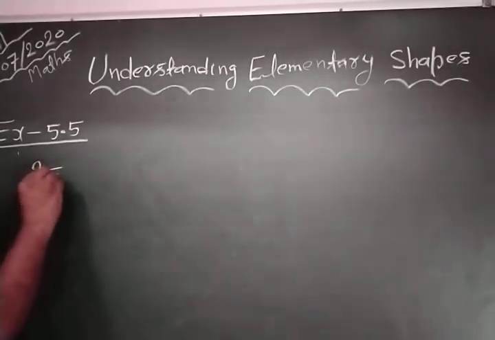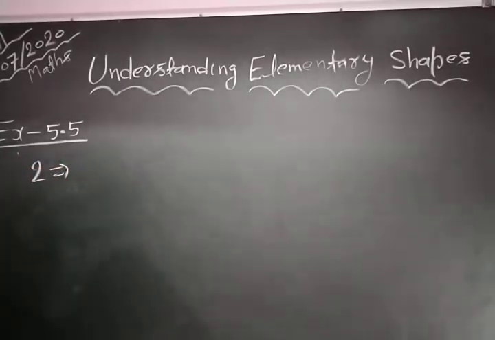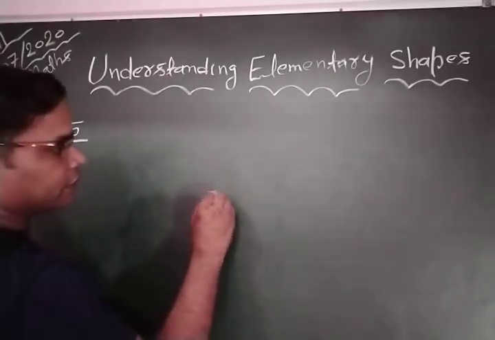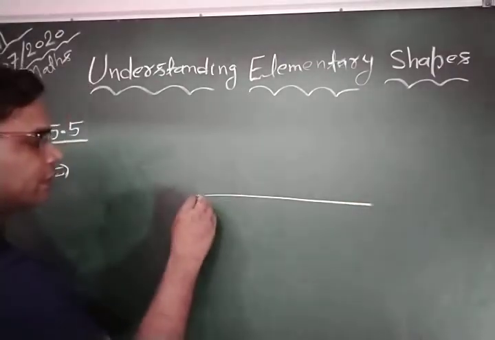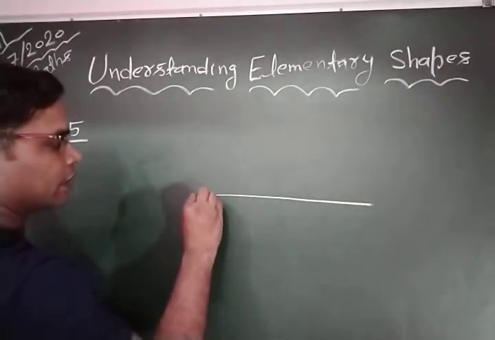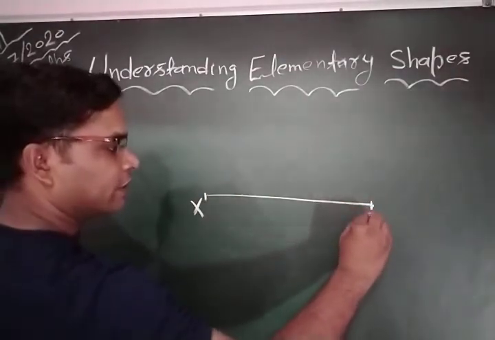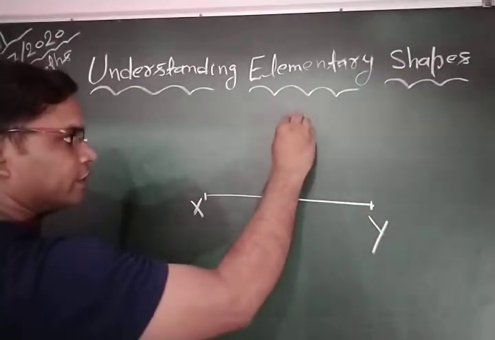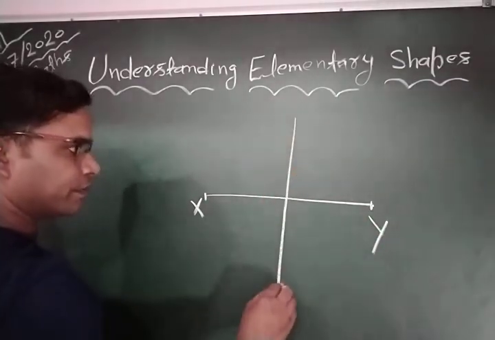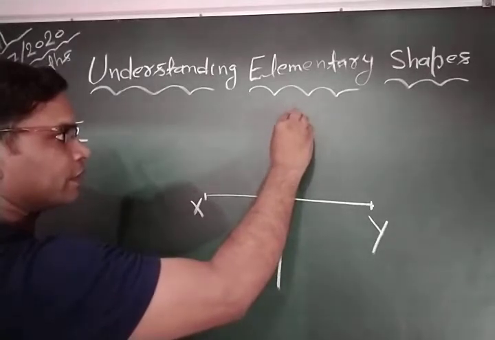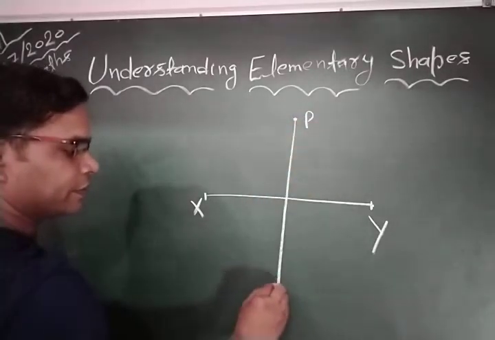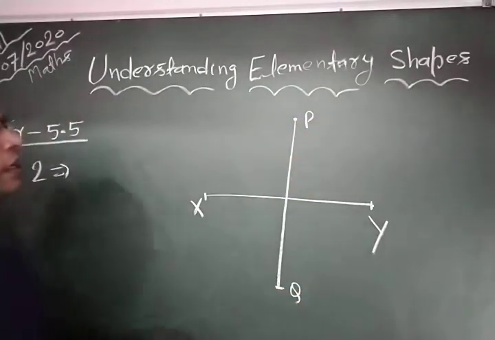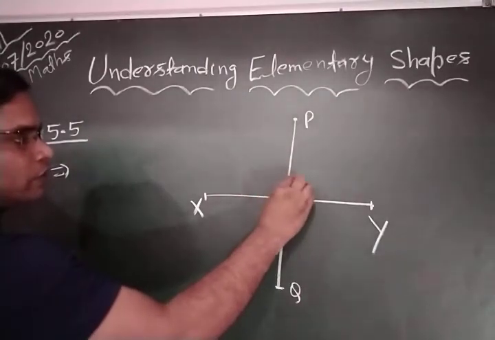Question number 2. This is given: PQ and XY. This is line segment XY, with X and Y, and this is line segment PQ, with P and Q. They are perpendicular to each other.